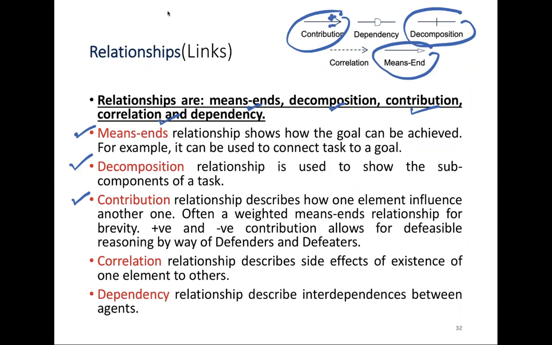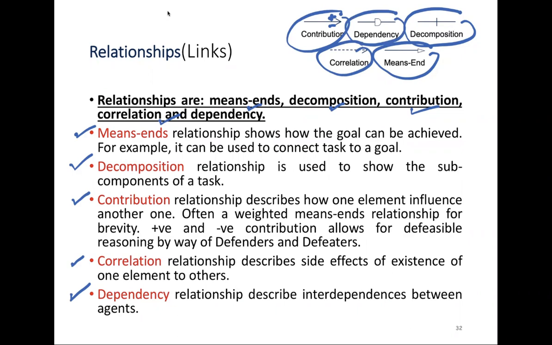I will show you different types of contributions in a minute. A correlation relationship describes the side effects of the existence of one element on another element. And finally, the dependency relationship. In a dependency relationship, we describe the interdependencies between agents or actors.